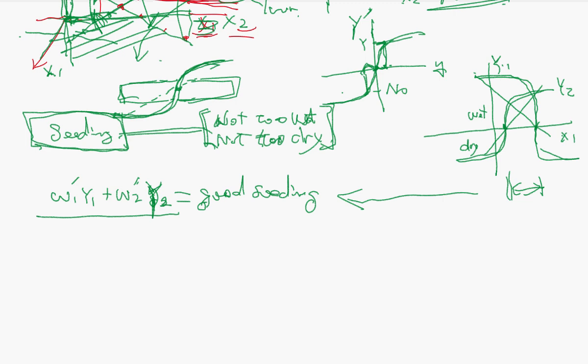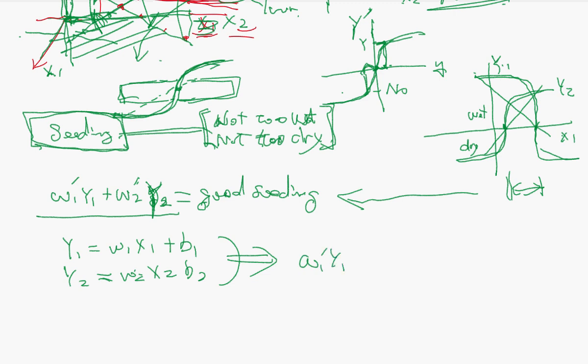So here what he did is y1 equals w1 x1 plus b1, and y2 equals w2 x2 plus b2, and this is a linear function. And second level, he did this w1 new coefficient plus b dash. Okay, so that gives his final seeding time.